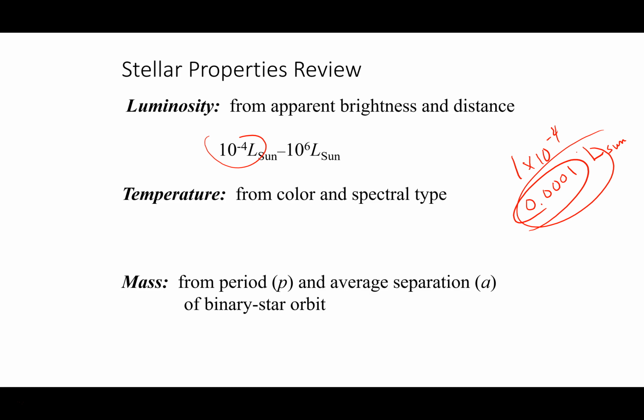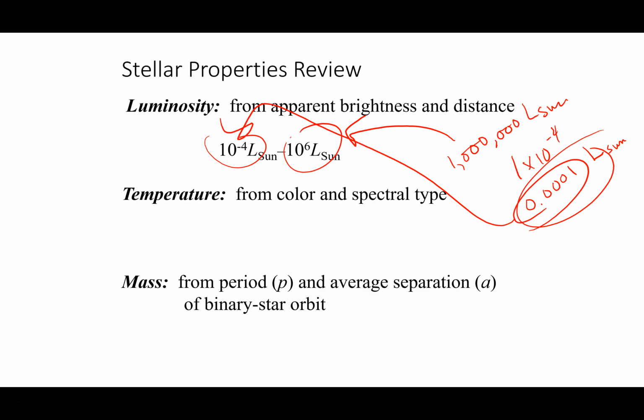Does that make sense? How about 10 to the 6th? What's that mean? Yeah, 1 million. I get my millions and billions mixed up. 1 million times the luminosity of our sun. Okay, so kind of keep those in mind.